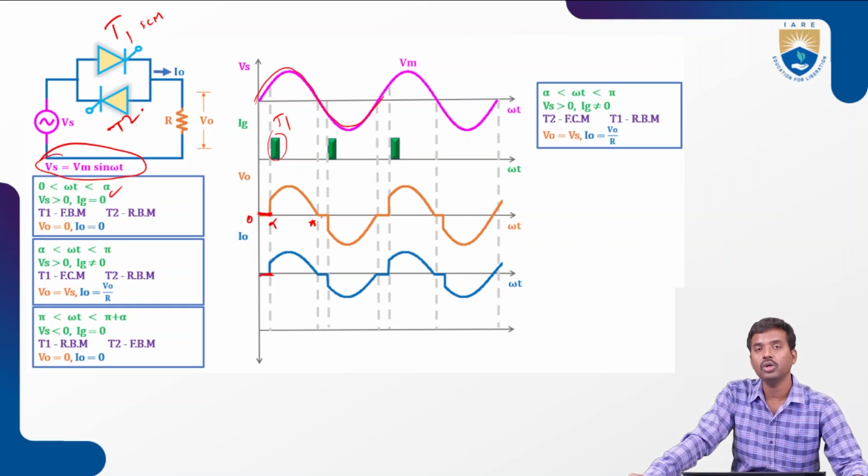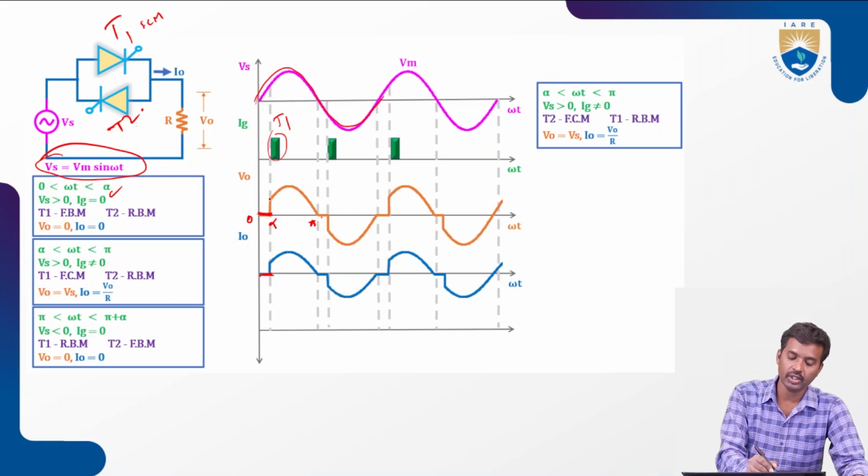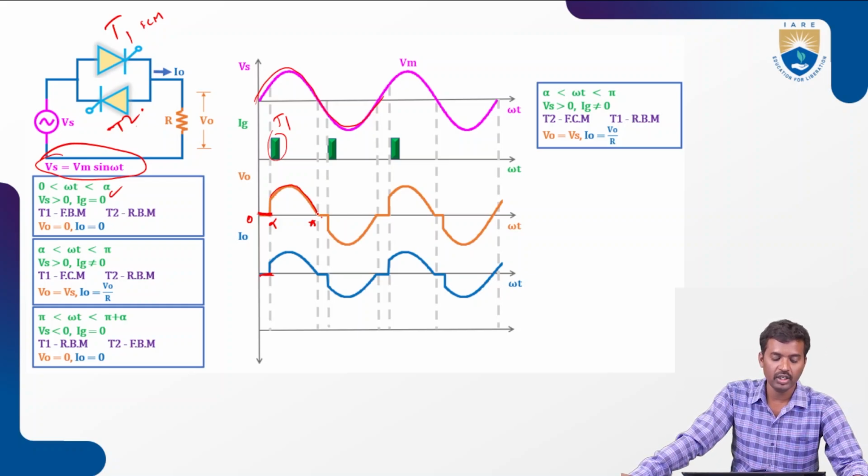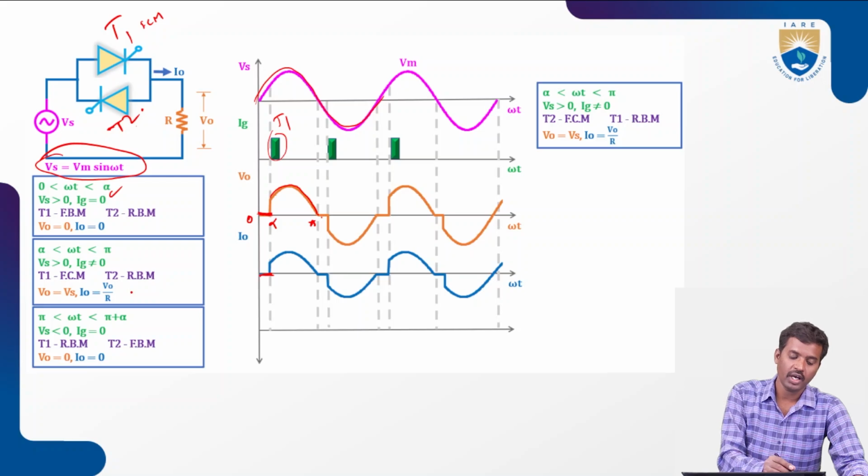In this mode, the output voltage follows the input voltage, so V0 equals Vs, and I0 equals V0 by R. This is the output current.